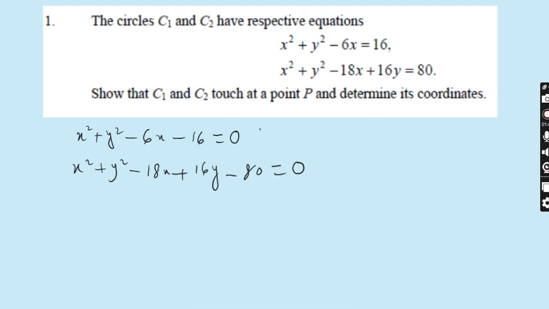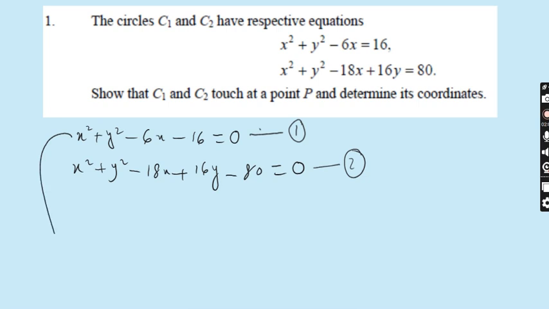So in order to check whether the two circles touch each other, whether externally or internally, we need to find the center and the radius of both the circles. So this is C1 equation, this is C2.